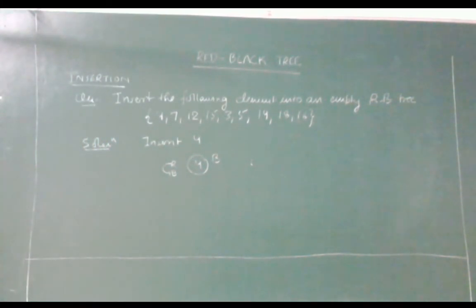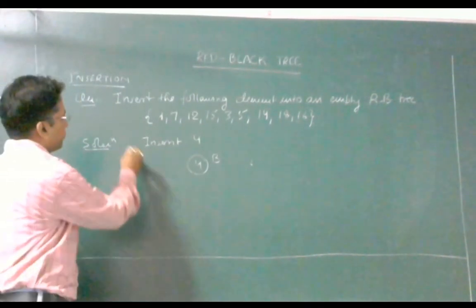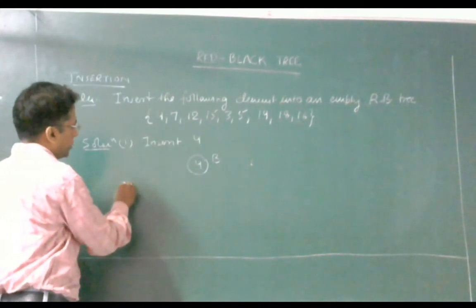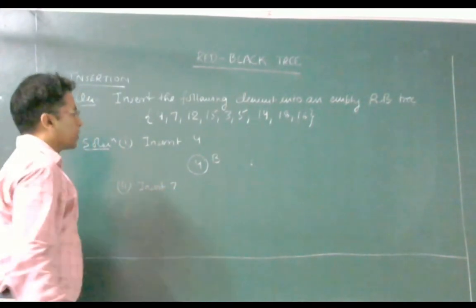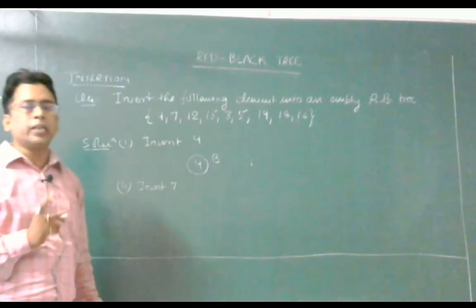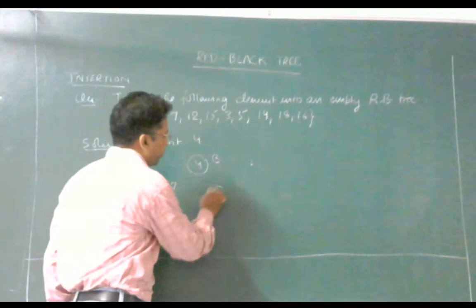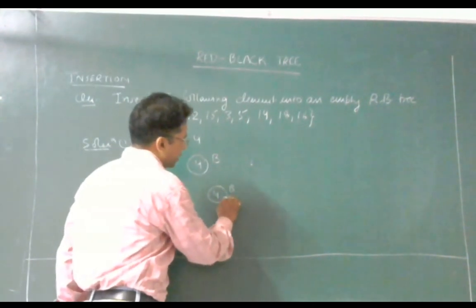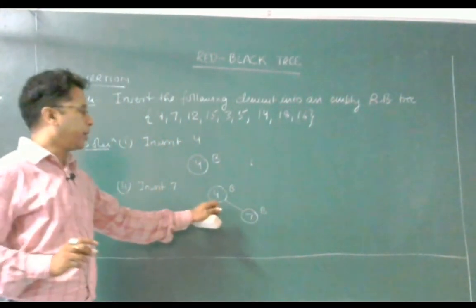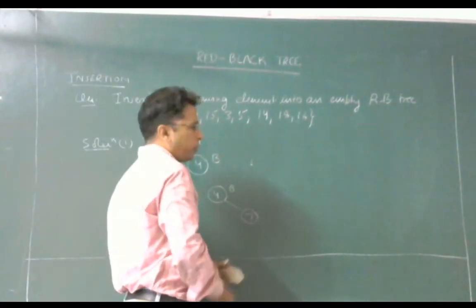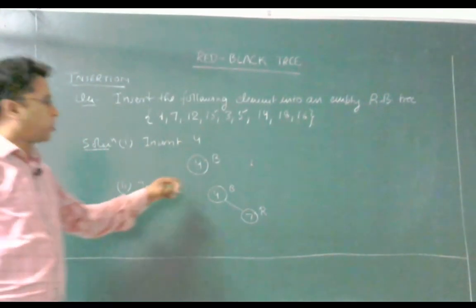So the first element is 4 and it is of black color. Now the second element, insert 7. Since 7 is greater than 4, it would be the right child of 4. 4 is black and 7 would be inserted to the right of it, and it would be red because every newly inserted node is red.